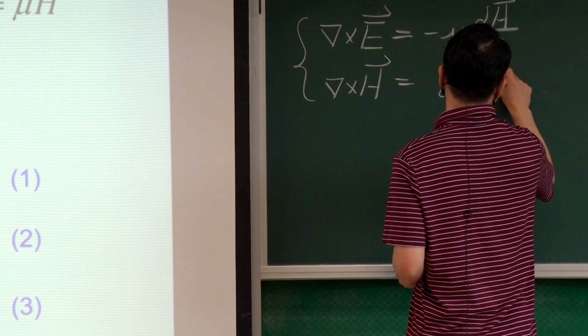Well, we know curl of H, we know curl of E. Can we convert this one to the time derivative of curl of H? If this becomes curl of H, I know it, right? I already know curl of H is related to E. So if I can replace this H by curl of H, then I have E and E on the two sides.